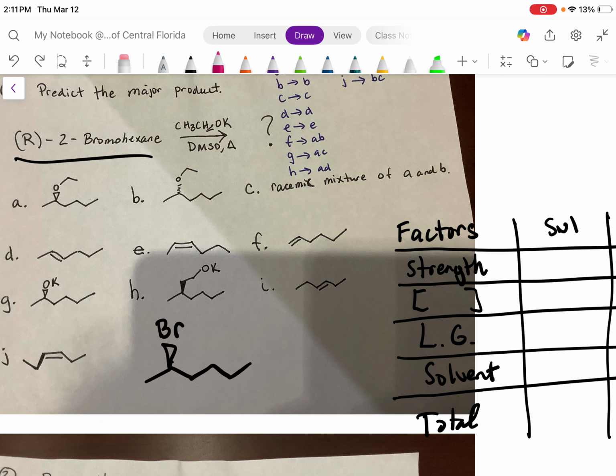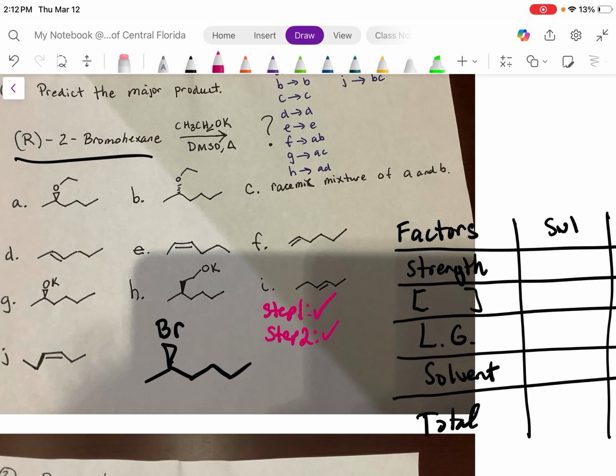The next thing that we need to do is step 1: do we have a good leaving group? Yes, we do have a good leaving group, so that's good. What's another thing that we need to have? Is that leaving group attached to an sp3 hybridized carbon? Yep, that checks out.